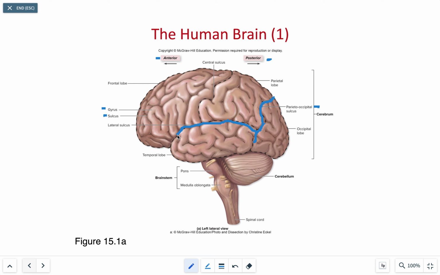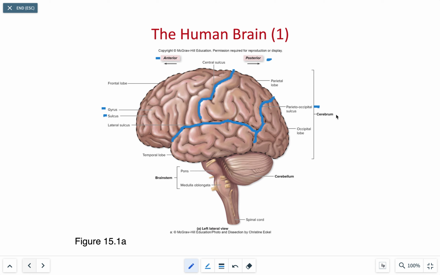It's again a deeper groove, and it separates the temporal lobe from the parietal, the occipital, and the frontal lobe. The main one that we see is called the central sulcus, and this separates the frontal lobe from the sensory area of the parietal lobe.